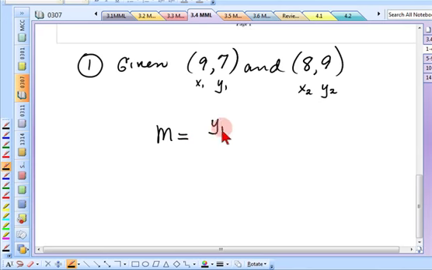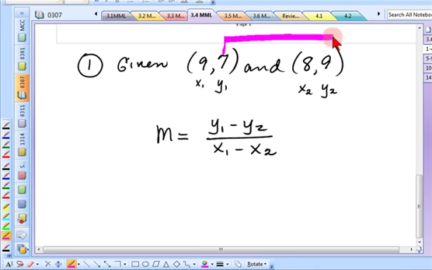It is y1 minus y2 over x1 minus x2. In the slope formula, y's on top, x is on bottom. So I'm always going to look at my original problem and mark it. Y's on top, x is on bottom. That is just a visual thing. That is just to help your eyes connect to the numbers we need to.